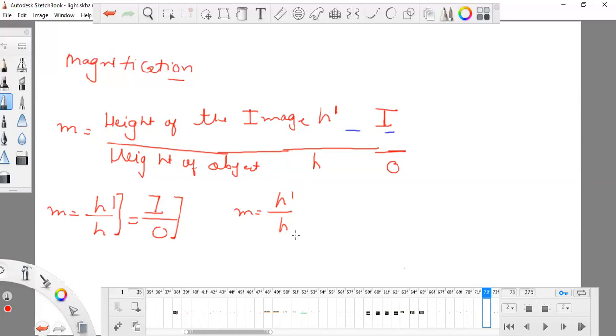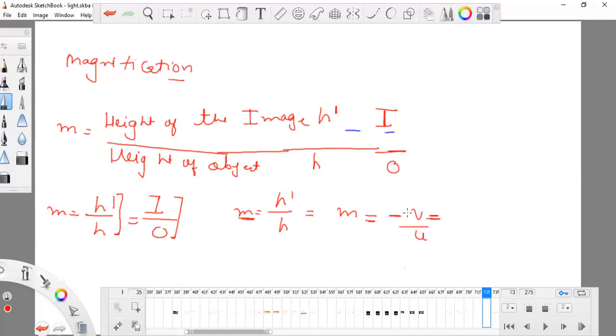Now the other formula that I can use if I am not provided with the height of the object and height of the image. If I'm not provided with this, I can also find the magnification is equal to minus v upon u. What was v?